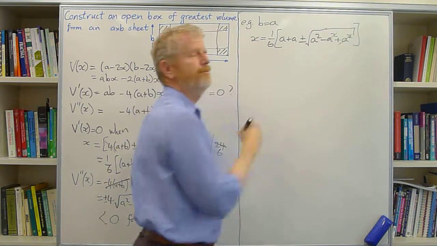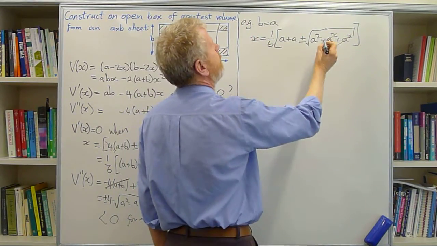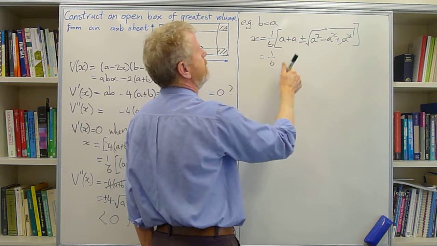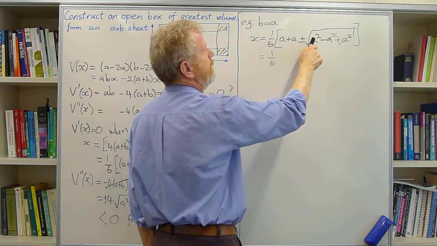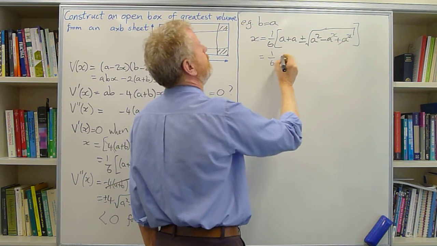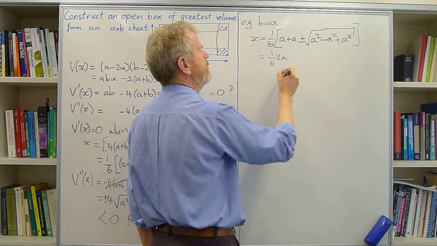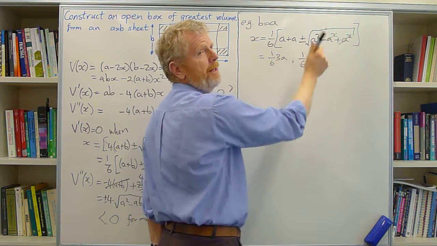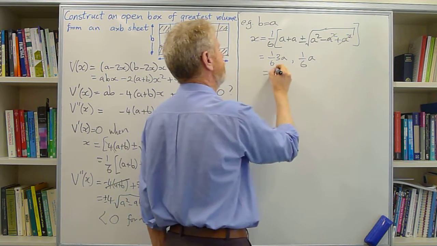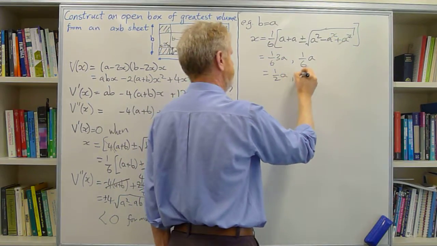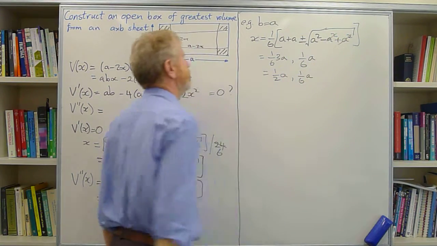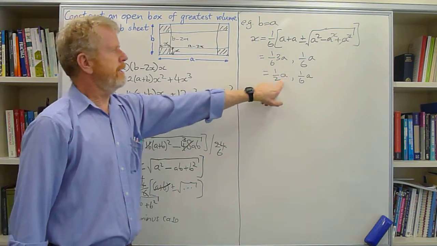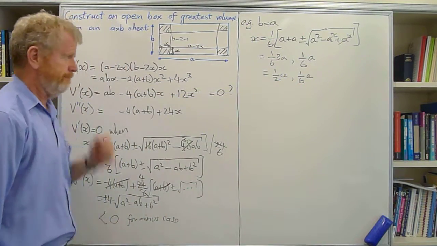And you can see this all simplifies nicely. That's the square root of a squared, so we either get a plus a, so that's 1/6 of 3a, or we get 1/6 of a plus a minus a, that's 1/6 a. So the maximum or minimum is at x equal to a half a or 1/6 a.